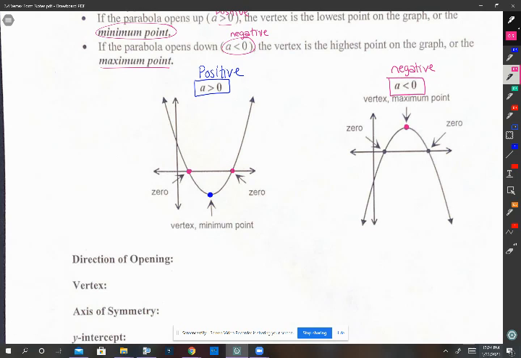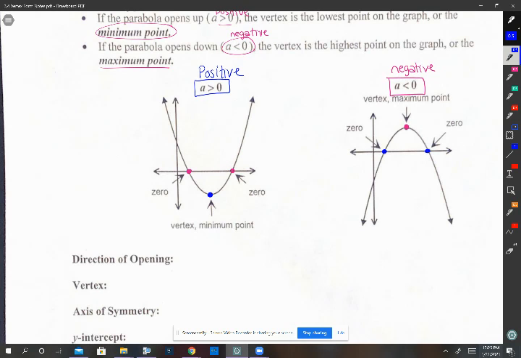That's the highest y value that you're going to get to. And then these are your zeros or your x-intercepts. And if you have your vertex and your x-intercepts, you can figure out what your U looks like because that's your 3 points.